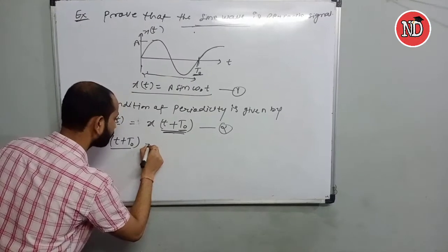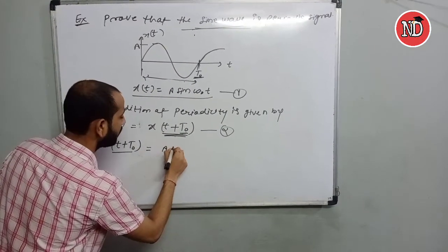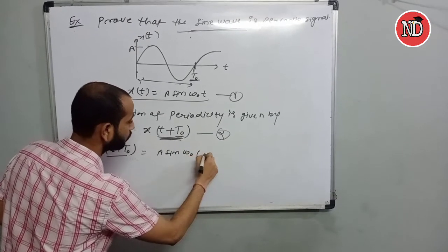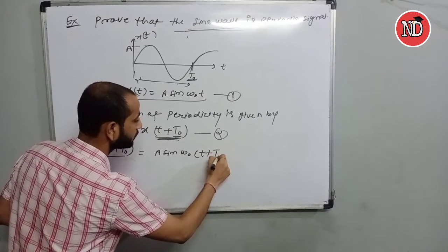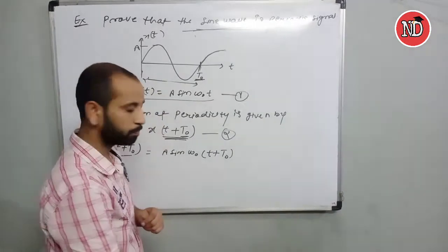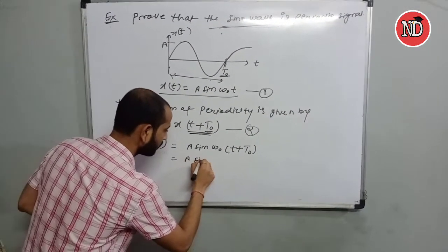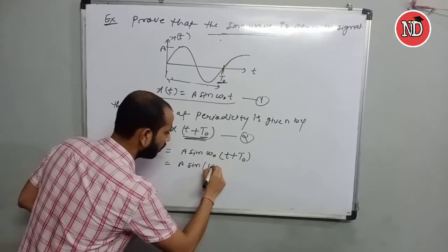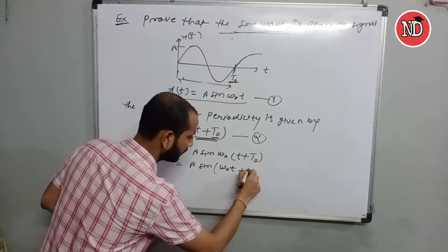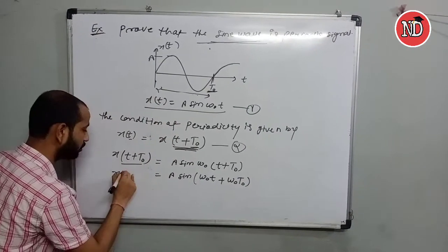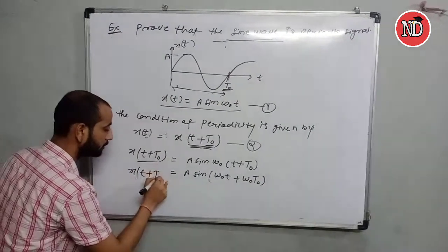We have A sine omega 0 t plus T0, that is A sine omega 0 t plus omega 0 T0, x of t plus T0.